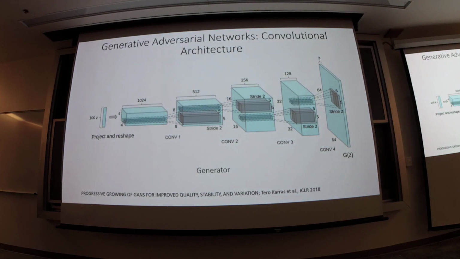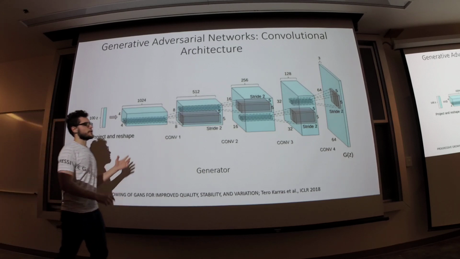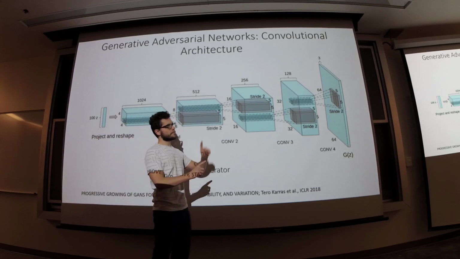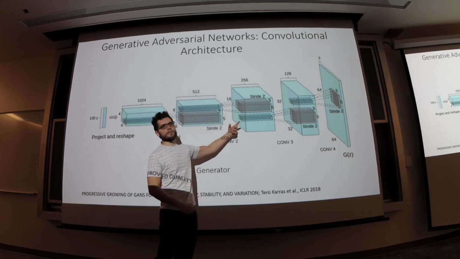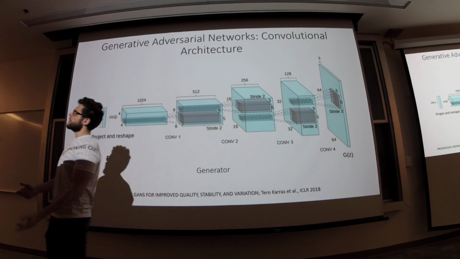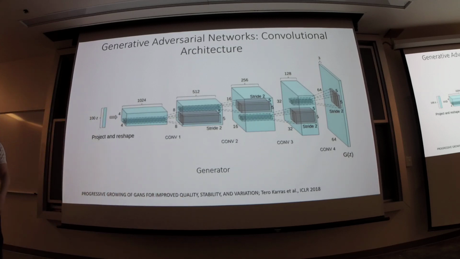As I was telling you, this is the usual architecture of a generator. Especially for images, we usually use a transpose convolution. Sometimes you find it as upsampling, there are different ways people do it. I usually use the transpose convolution.